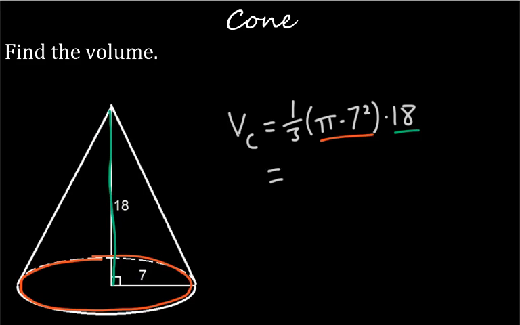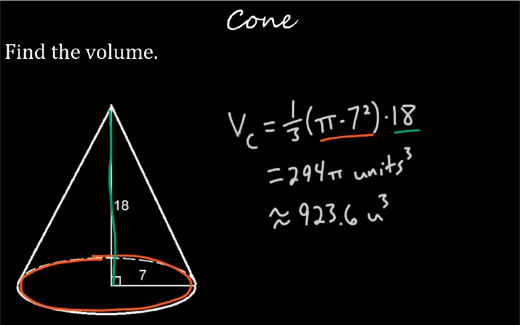And the exact answer there is going to be 294 times pi cubic units. And since there are no units represented, we'll just use generic units. So if we want to get an estimate of that, we multiply the 294 times pi, and we get approximately 923.6 cubic units. And I'm just going to do a U there instead of writing out units. That's fine.